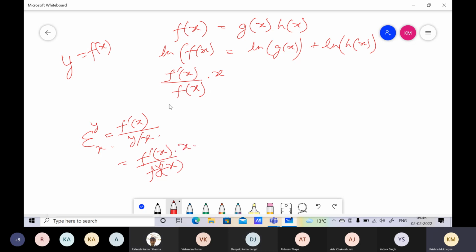So this is our e. This is what becomes the e of this function. So e is equal to g prime(x) by g(x) into x plus h prime(x) upon h(x).